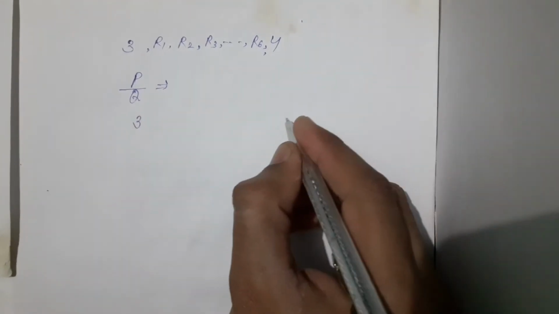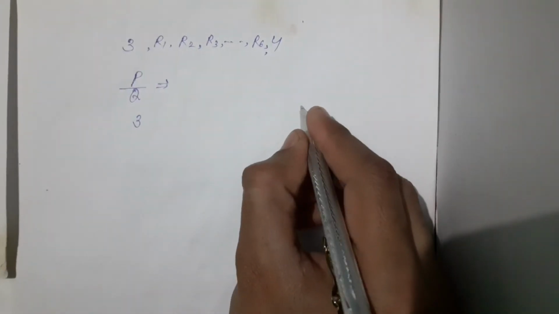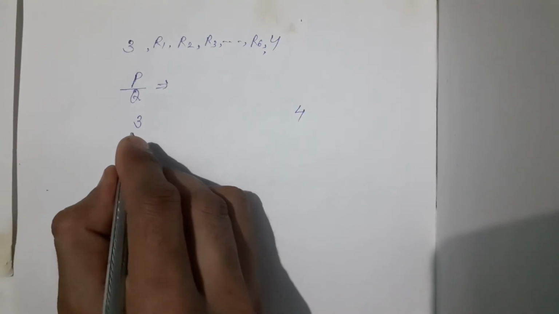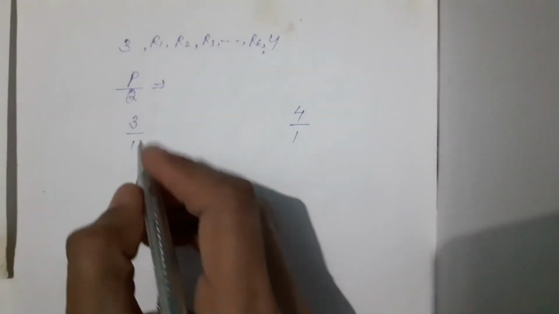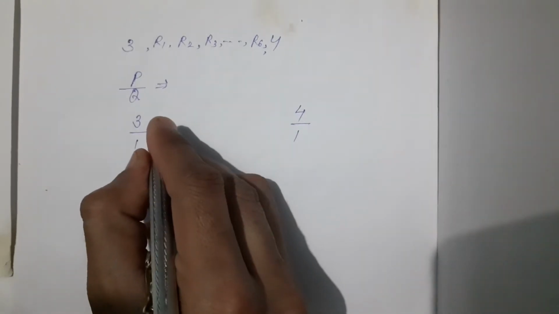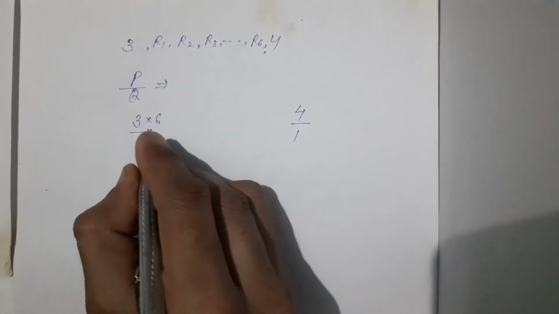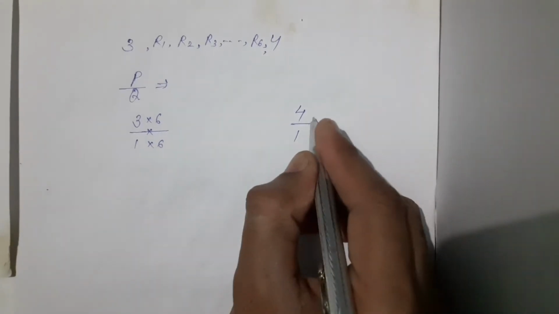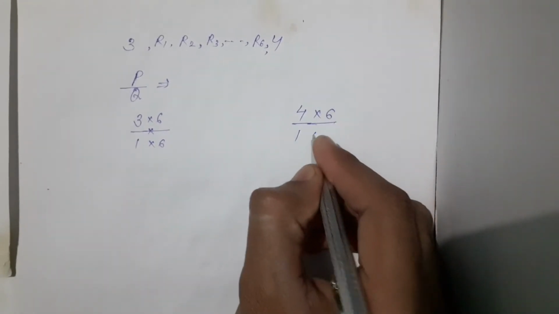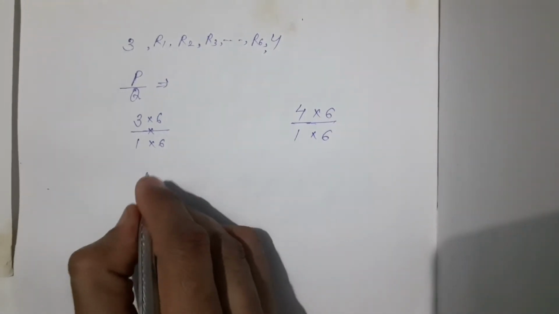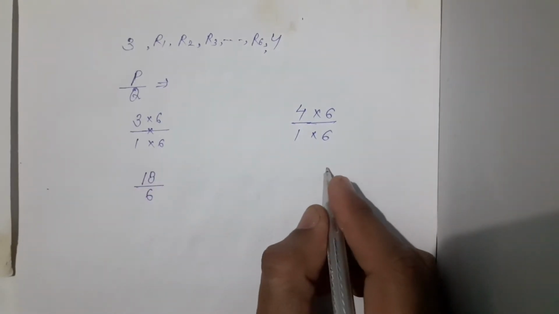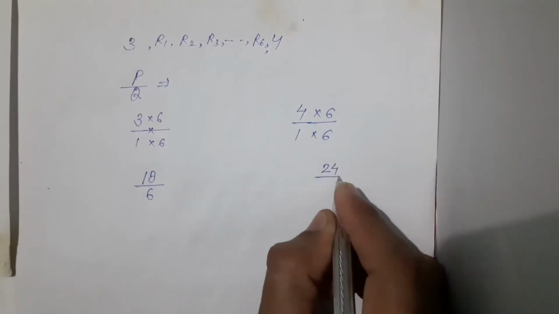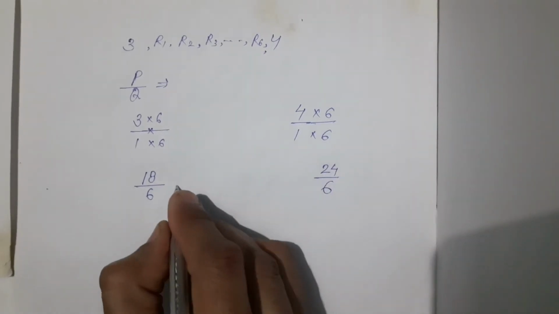Make the first number 3 in the form of p upon q, and the last one too. So write 1 in the denominator, and multiply the given number by 6 in the numerator and the denominator. The numbers are 18 upon 6 and 24 upon 6.